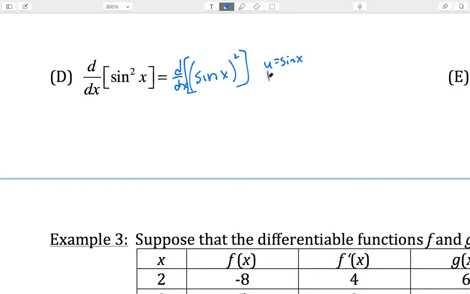So du is what? Cosine x. Right? Okay, so this is what I do. y prime equals 2 sine x, that's the derivative of the outside, times cosine x.